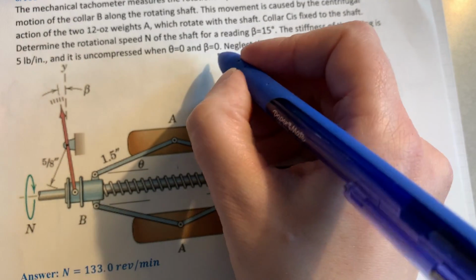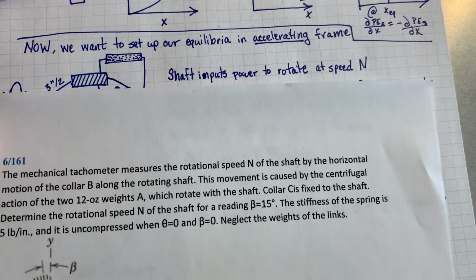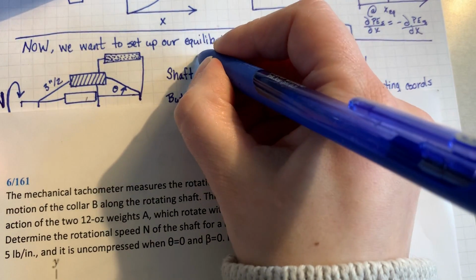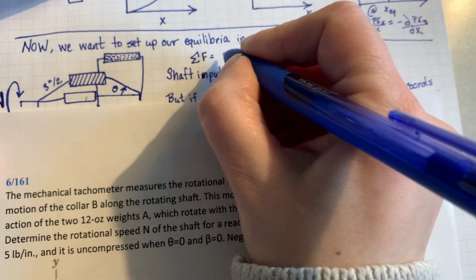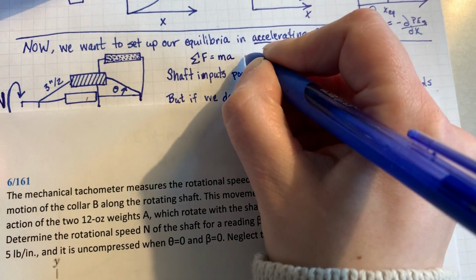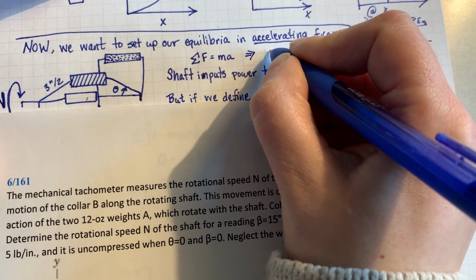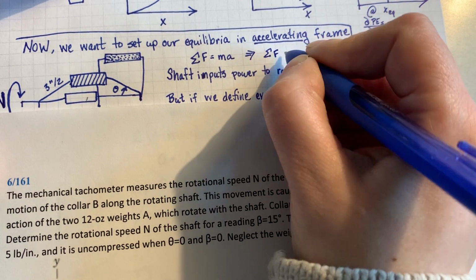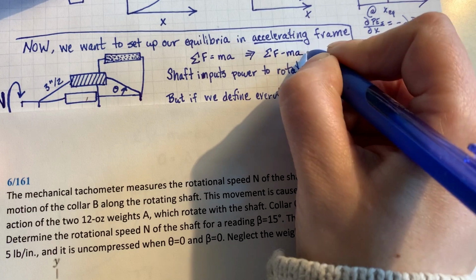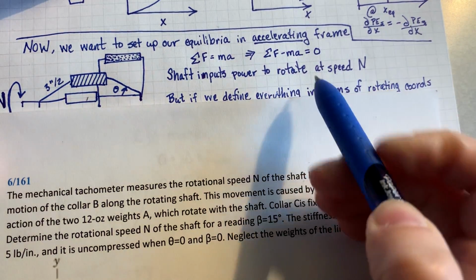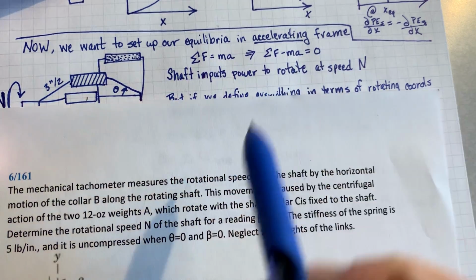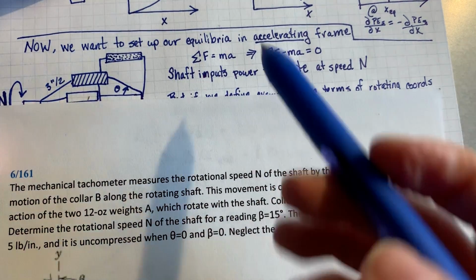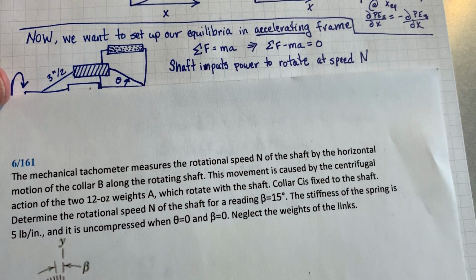So like we've been writing F equals ma, just as easily could be the sum of the forces minus ma equals 0, right? So we can flip this ma to either side of the equation. All right. So in this problem, we're going to do that.